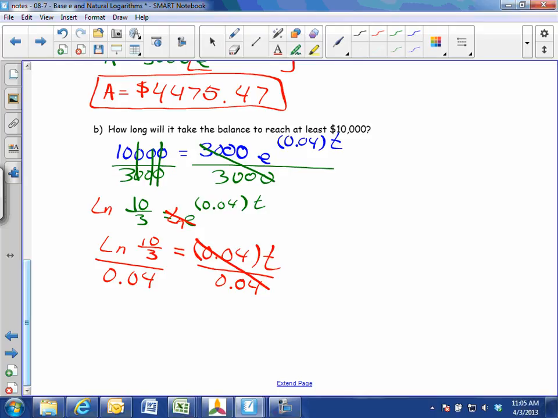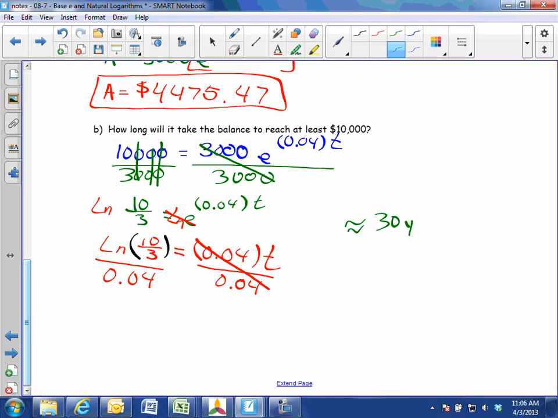Alright, then type in your calculator. Make sure you put 10 thirds in parentheses just so you're taking the actual whole fraction. So, about how many years? About 30.